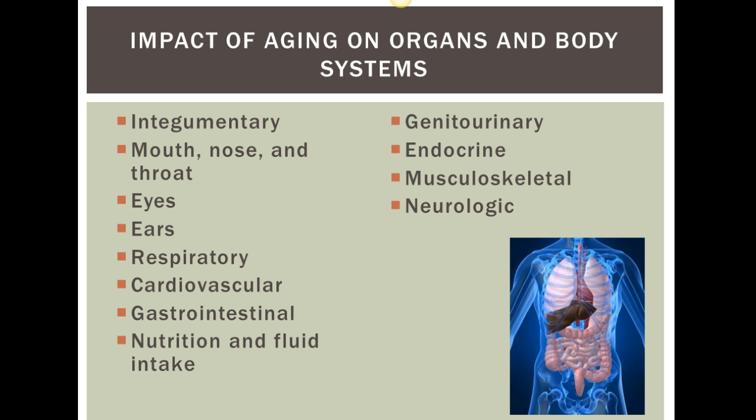With genitourinary, glomerular filtration decreases 75 to 80%, with about 50% loss of nephrons. Sexual activities can be affected by medications. Erectile dysfunction can occur, and with women there can be vaginal dryness due to tissue atrophy.